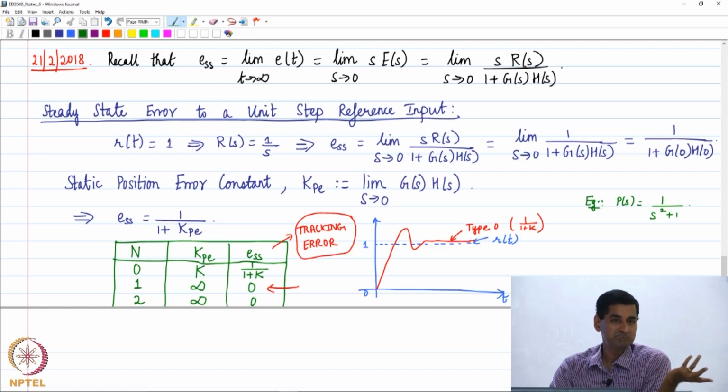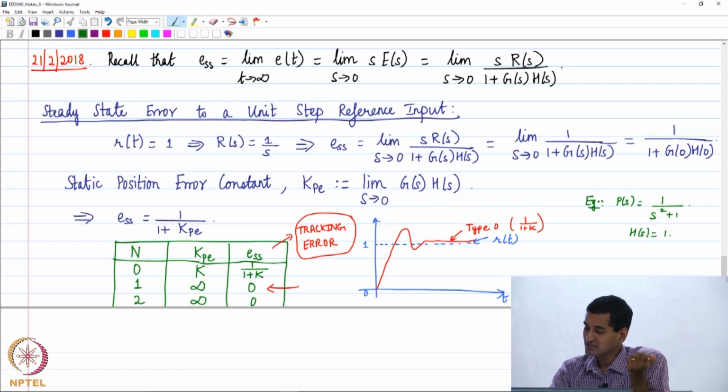There is no pole at the origin. So how do I introduce a pole at the origin, a 1 by s term, to make it type 1?